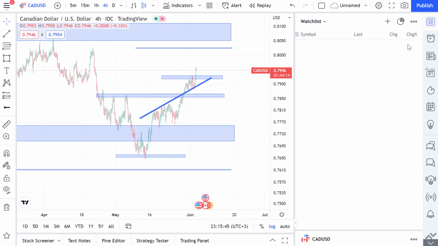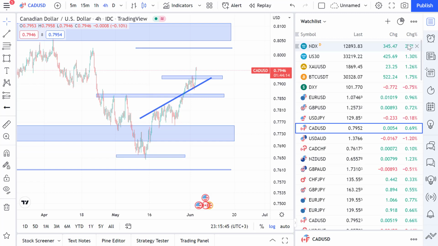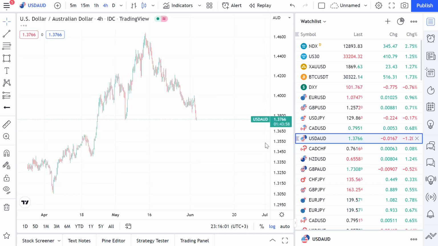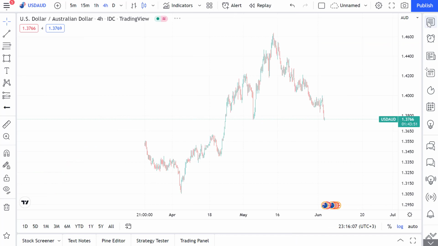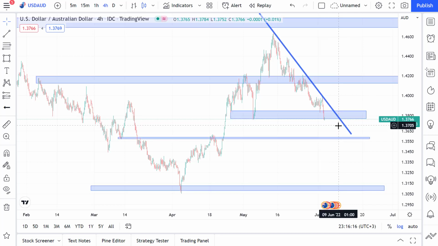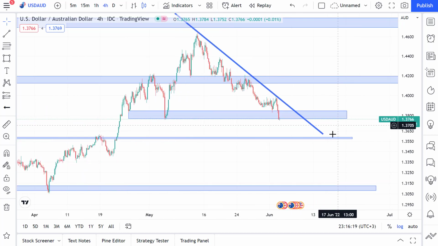And for Australian dollar or Aussie dollar, we had a very bearish day for United States dollar. And what happened is what you see on the chart right now, and I guess we could have the rest of the bearish trend for tomorrow because it was seriously bearish right now.